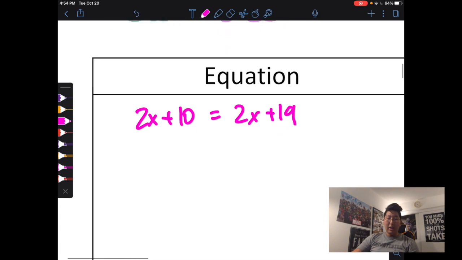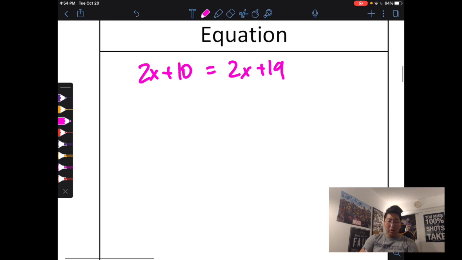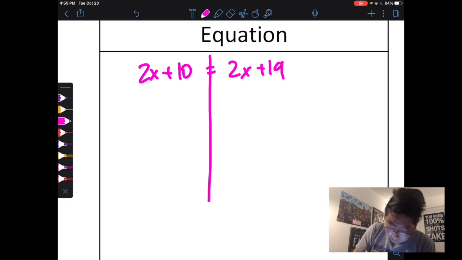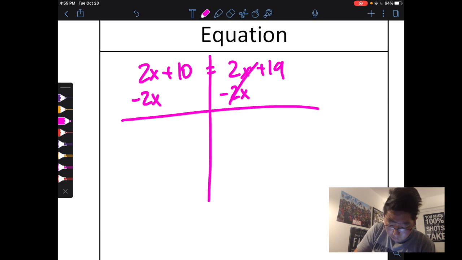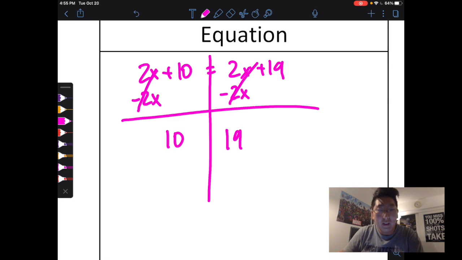All right, now if we were to solve this, right, the first thing you'd say is, all right, distribute, combine like terms, get x on one side. Let's get x on one side. Subtract 2x, subtract 2x. What happens? We don't have any more x's, right? They're the same amount of x's. But look at the constants. Are they the same or are they different? They're different.